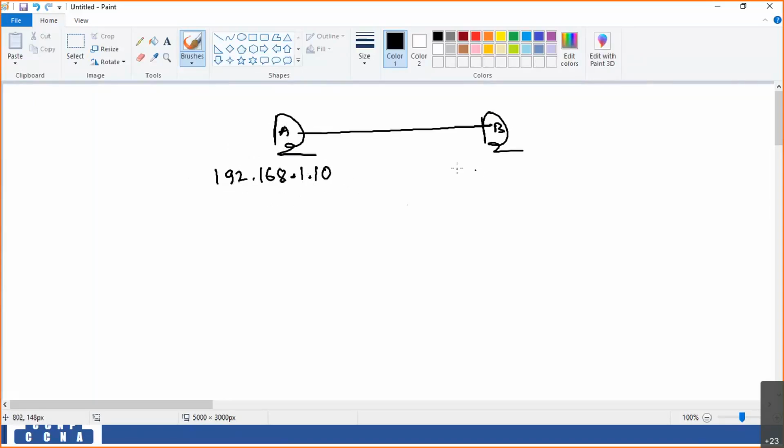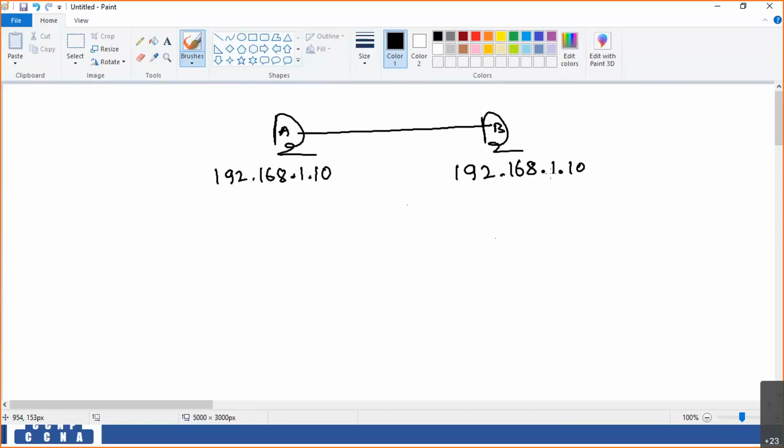Now the neighbor computer, 192.168. If I assign 1.10, will they communicate?